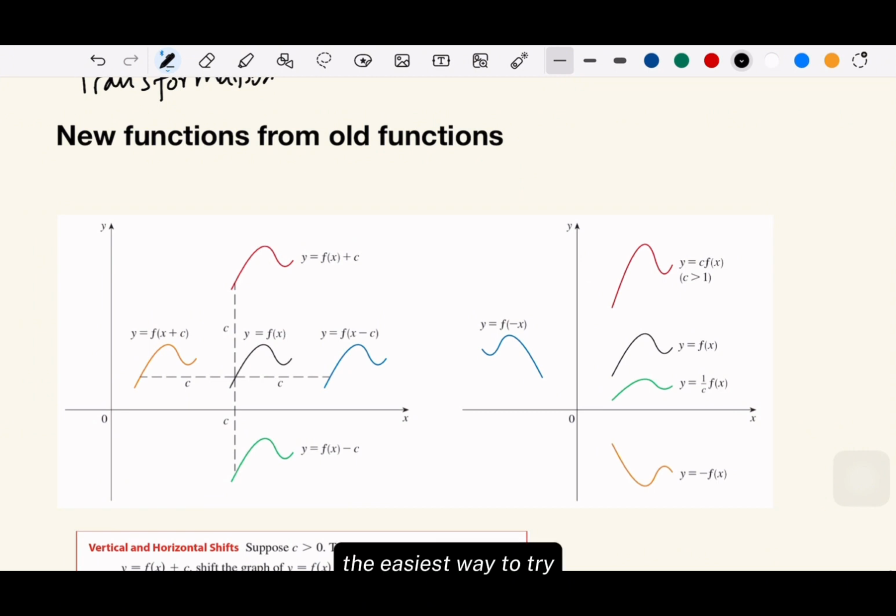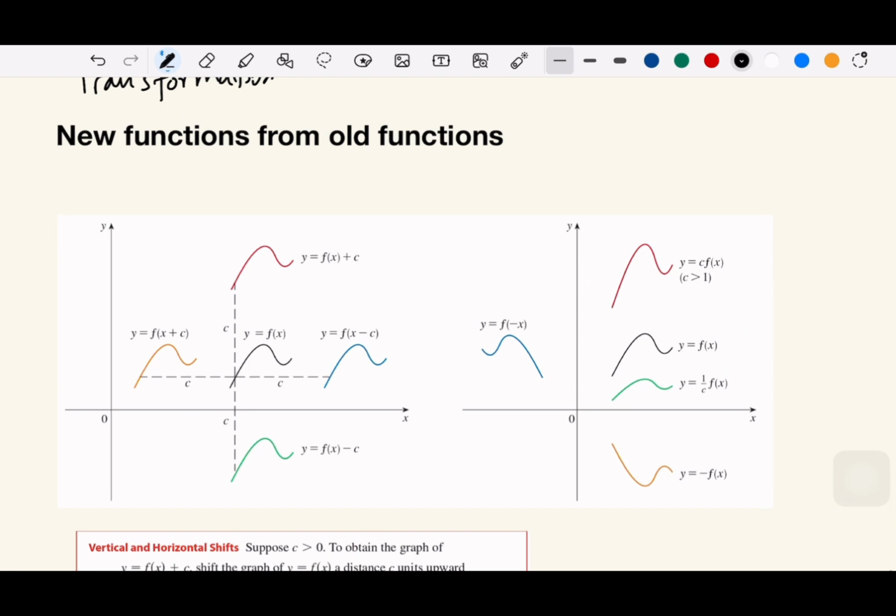The easiest way to check is to take some random functions that are easy to describe, like x squared or maybe just linear equations, and then do some trial and error by yourself to make sure that you understand this is x minus c and this is x plus c. Or if you happen to transform some functions, maybe going to the right or left, you can put in some numbers and check whether it is consistent or not. If it's not consistent, maybe you mistook left and right. I think that's the only logical way to prove or confirm.